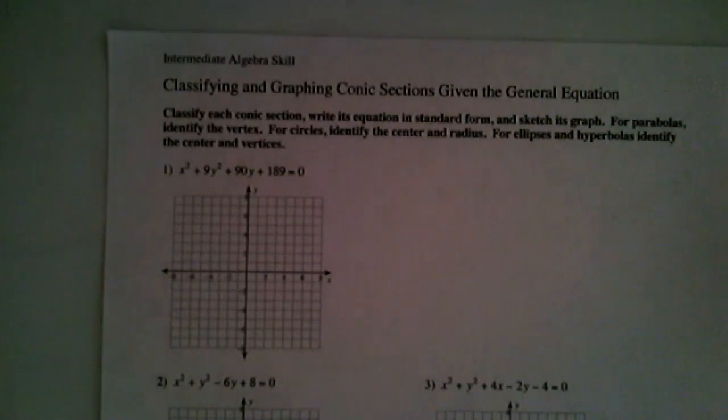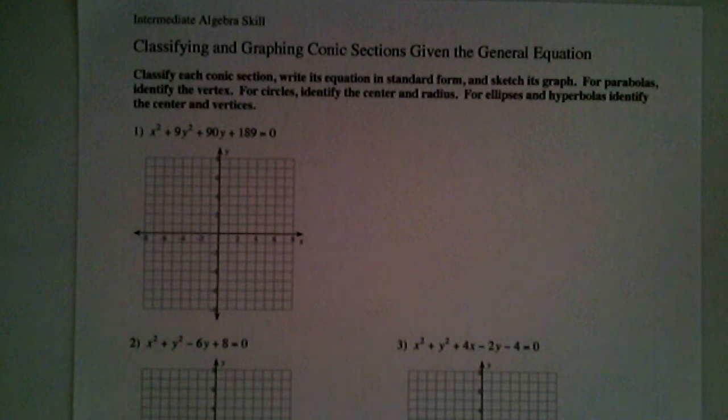And if we have a look at this first sheet, it's classifying and graphing conic sections given the general equation. And so we have not in standard form. You have to make sure it's in standard form. You have to classify each conic section, write its equation in standard form, sketch the graph.